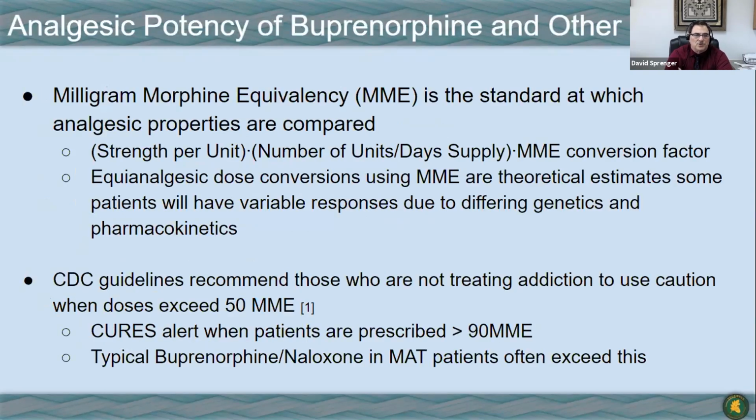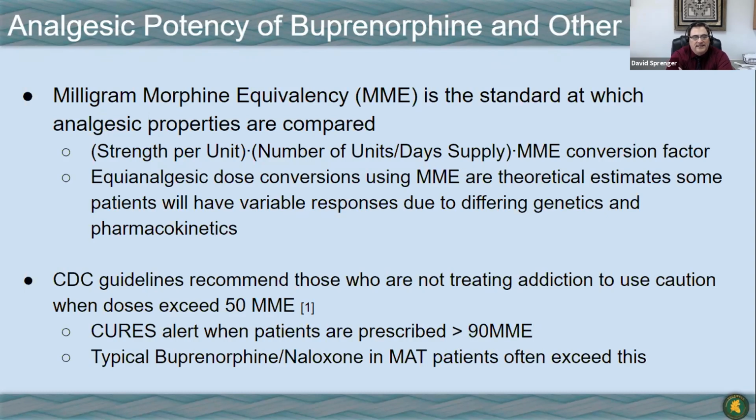Starting with the analgesic potency of buprenorphine compared to other opioids, buprenorphine is very, very potent as an analgesic. We look at potency in terms of milligram morphine equivalents. It's a common way to compare one opioid to another, putting it in terms of the milligrams of morphine that it would be equal to.